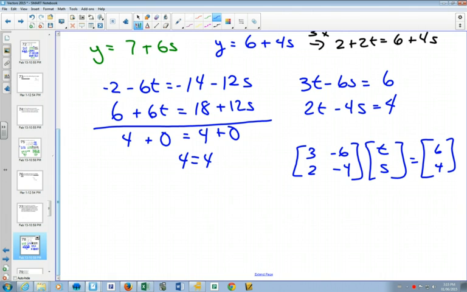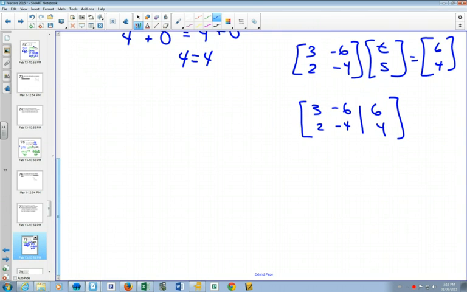Because as soon as you try to do an inverse, if you set this up as an augmented matrix and you tried to change it to reduced row echelon form, what would happen? I think there'd be all zeros in the bottom.